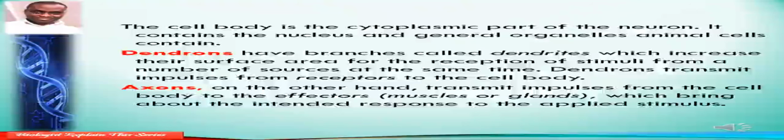And then the dendron is one of the branches of the cell body. It's like the membrane is modified, that you'll see in diagrams in subsequent slides. So the dendron is a branch of the neuron that transmits impulses from receptors to the cell body.